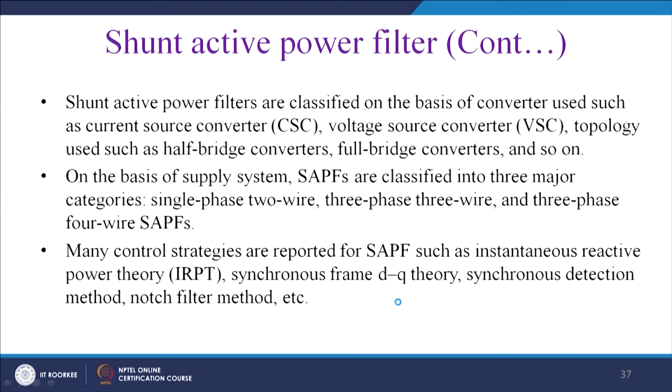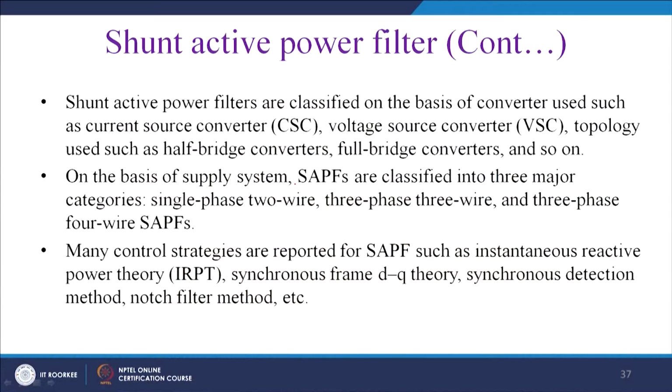Shunt active power filters are classified on the basis of the converter, such as a current source converter, we can use a current source converter also, or a voltage source converter, VSC, with topologies such as half bridge converter, full bridge converter, and so on. On the basis of the supply system, the shunt active power filters are classified into three major categories: single phase 2-wire, single phase 3-wire, and 3-phase 4-wire system.